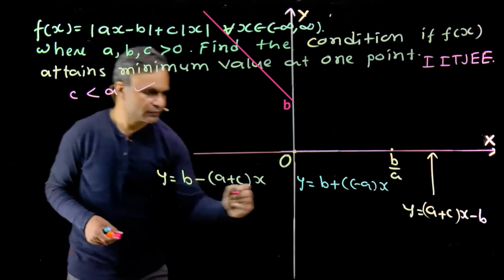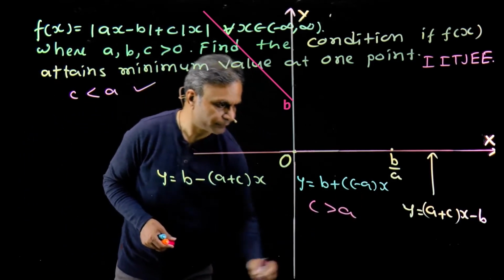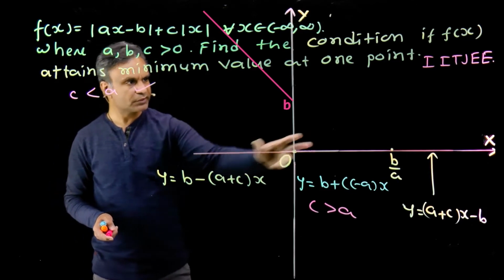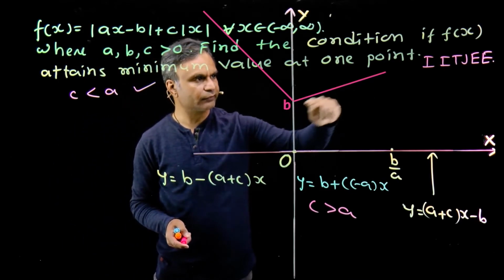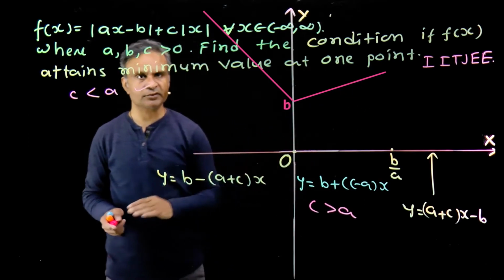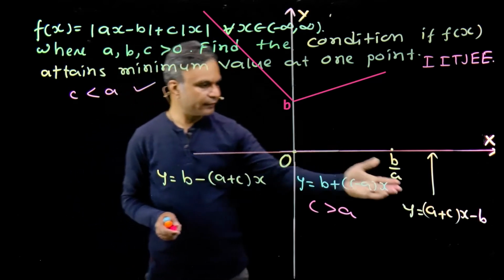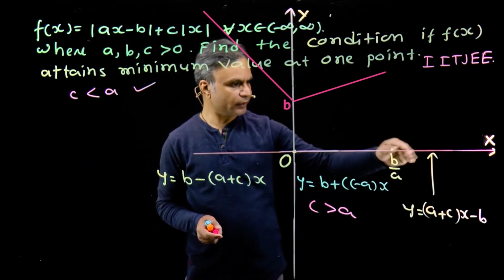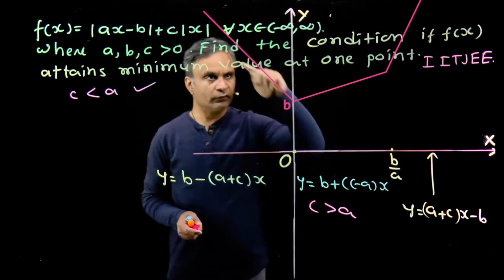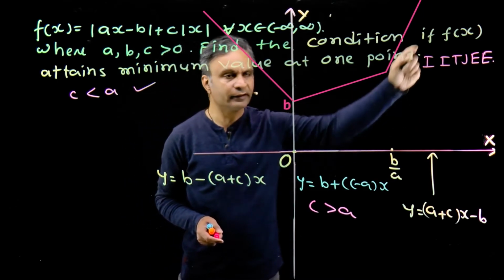Now we consider other cases. Now we consider case c greater than a, means slope is positive. So in this region, line will be like this. In fact, we have line segment. Orientation will be like this because slope is positive, and slope of this line is always positive. So in this region, line will be like this. In fact, we have here ray. We have ray, line segment, and ray.